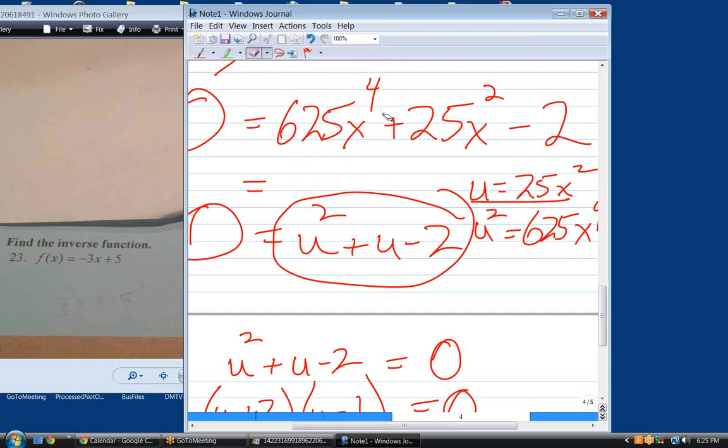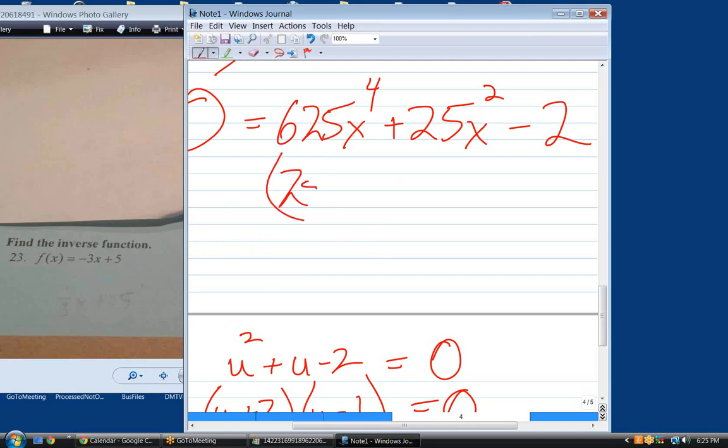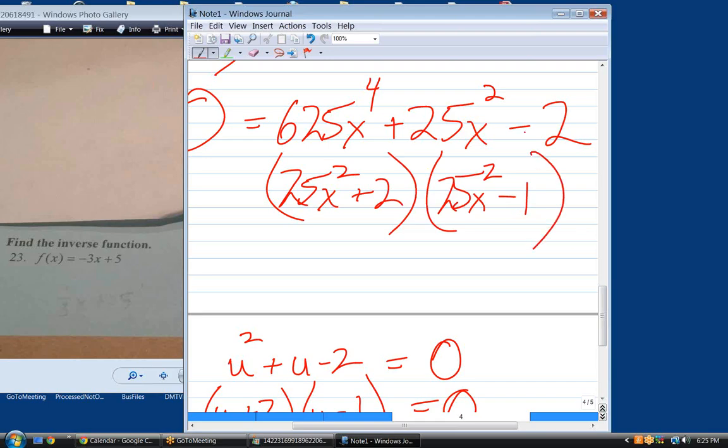Okay? Now, you didn't have to actually use this u substitution technique. I could have started from this and factored it. That would have been 25x squared plus 2 times 25x squared minus 1. Notice that that gives me that quartic.